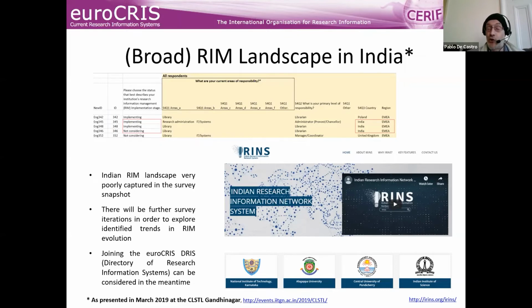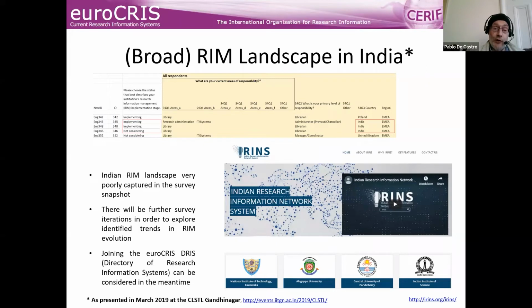This huge increase is a direct result of the collaboration we established back in 2019 at the conference. You have a link to the conference in Gandhinagar at the bottom of the slide. IRINS was also presented there.